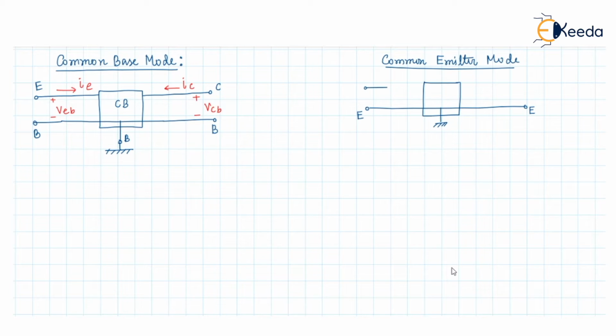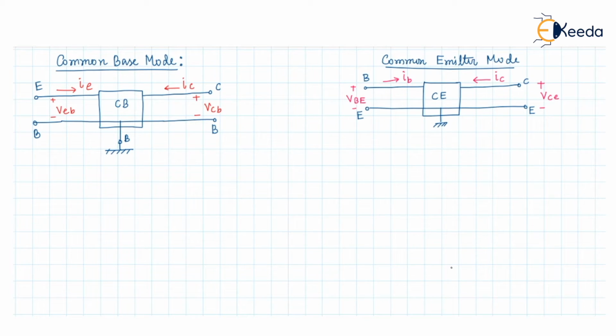At the input port there will be the base terminal, and on the output port there will be the collector terminal, and it is a CE or common emitter mode of connection. So the current in the input circuit will be the IB according to the two-port network. The current here is the IC, the voltage here is the VCE, and here the voltage is VBE. So VBE is the input voltage and VCE is the output voltage.